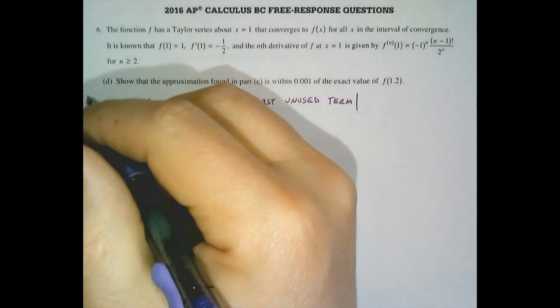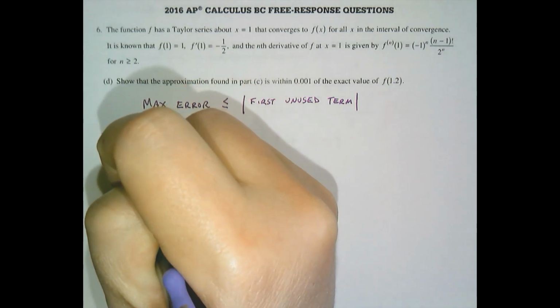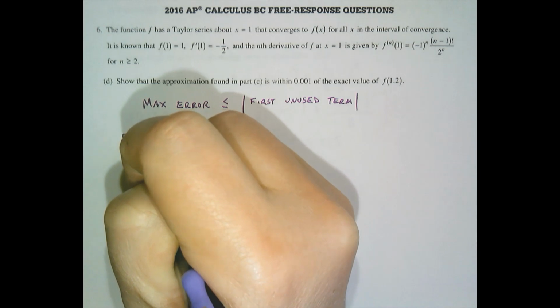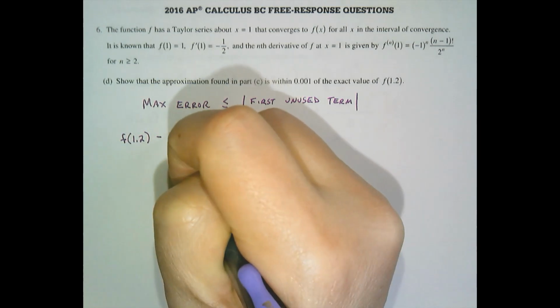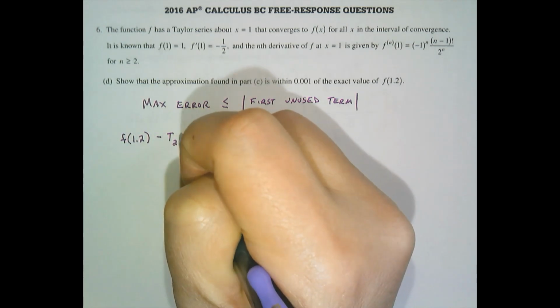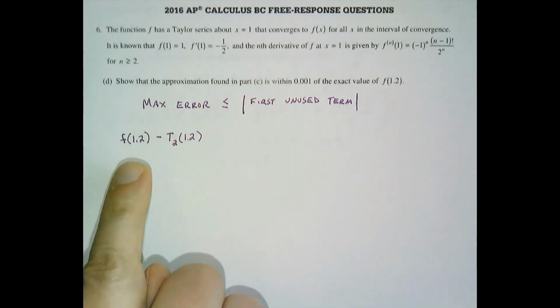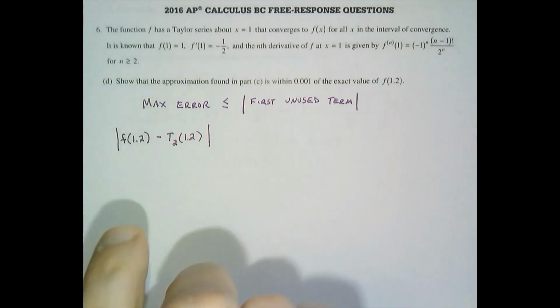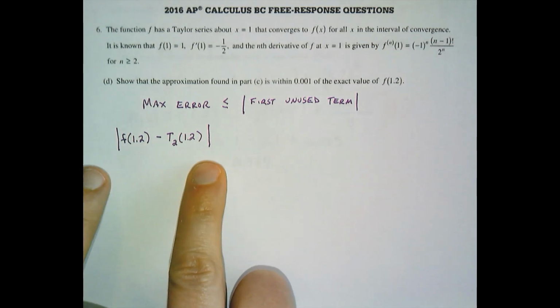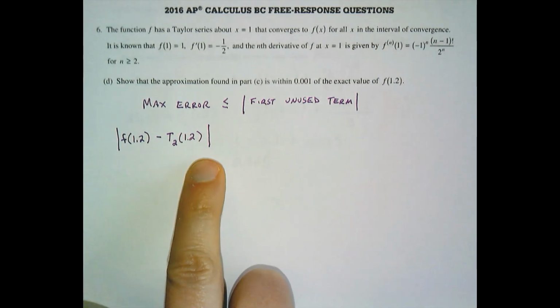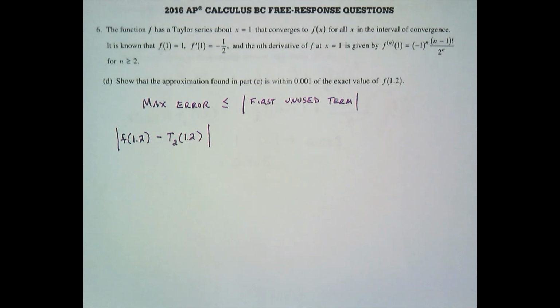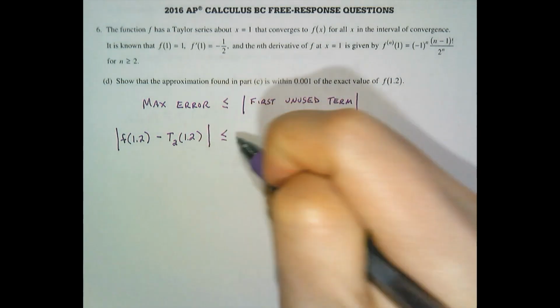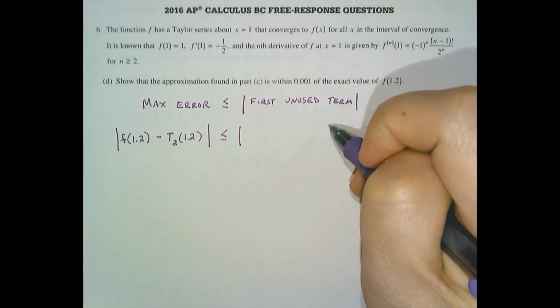Max error, as you recall, is going to be the difference between the function and the approximating polynomial. So this difference here refers to the maximum error. Maximum errors are, of course, considered to always be positive. So we want to take the absolute value of that difference. And this will be less than the first unused term.